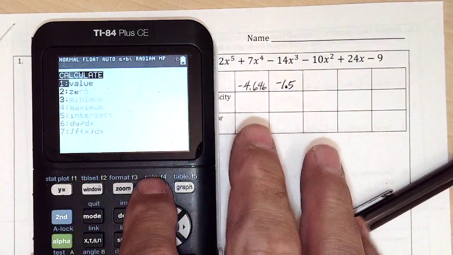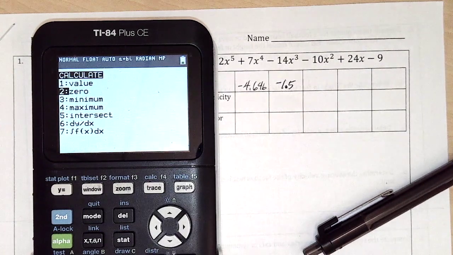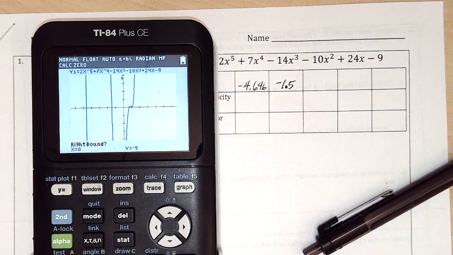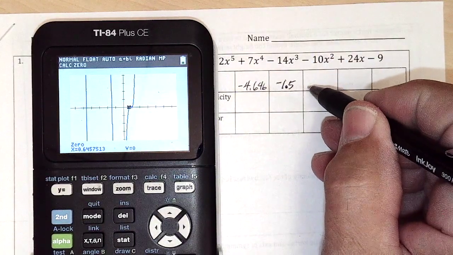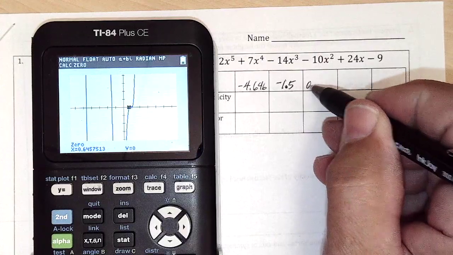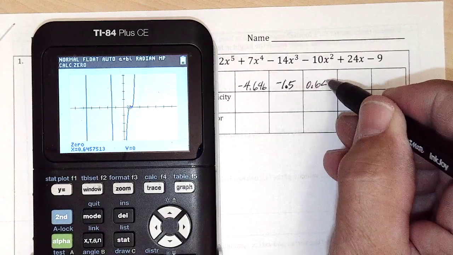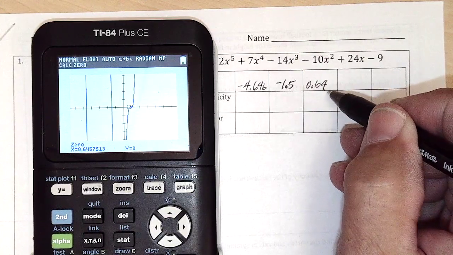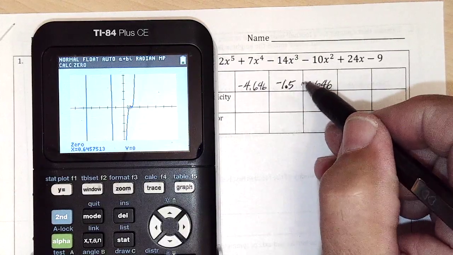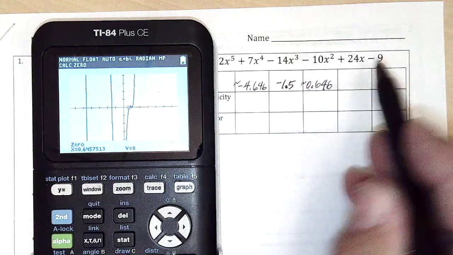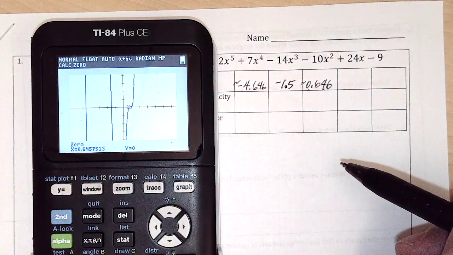So second, calculate the zero between 0 and 1, and I'm going to put 0.5, and it says, nope, it's more like 0.646-ish. That's another approximation. Be nice if I knew the exact ones.